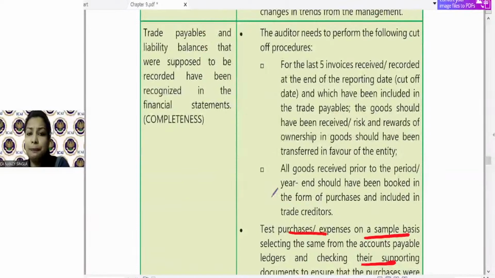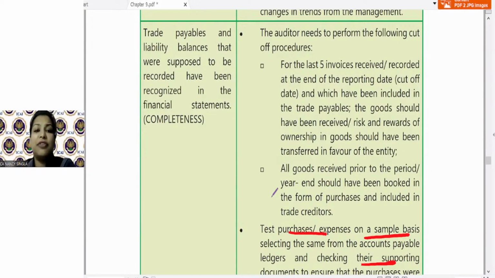In completeness, what do we have to see? Whether all purchases have been accounted for, and more particularly with respect to cut-off procedures. What is cut-off? That the transactions relate to the correct accounting period. It means that where you cut off on 31st March, a transaction that should come in next year, after the cut-off date, should be accounted for in that year, and only those transactions that pertain to the year under audit should come.